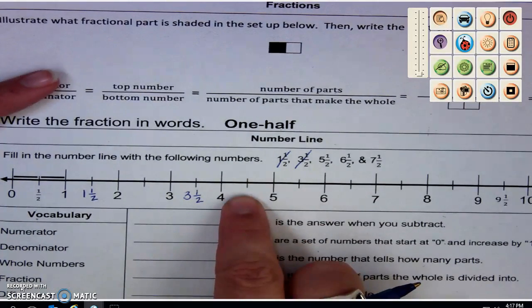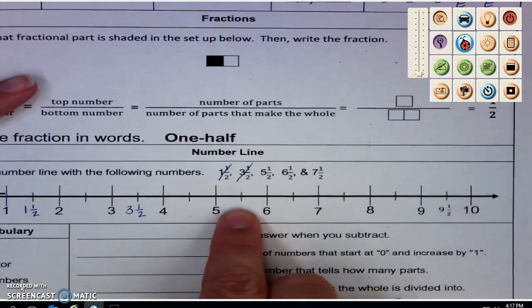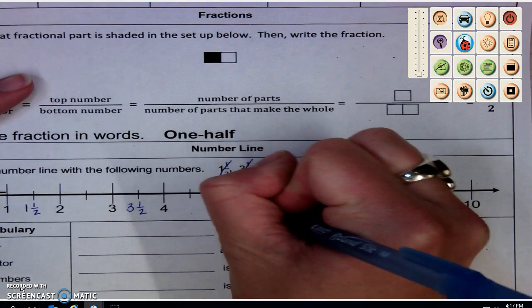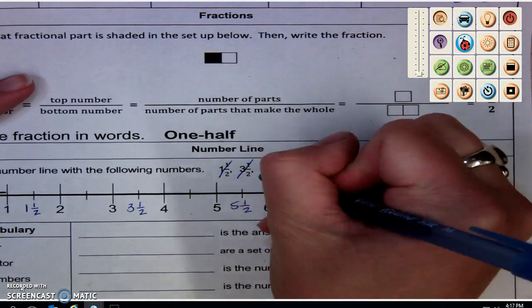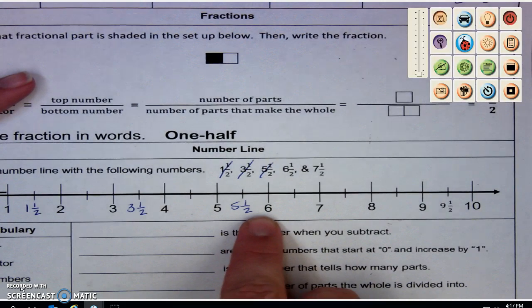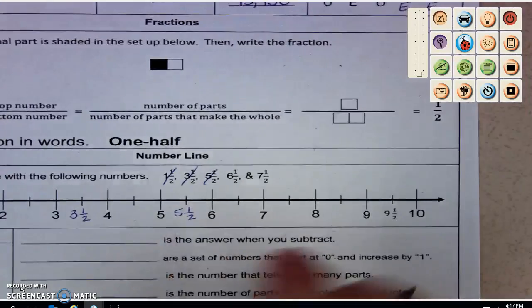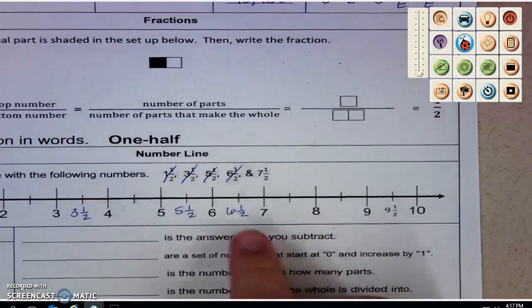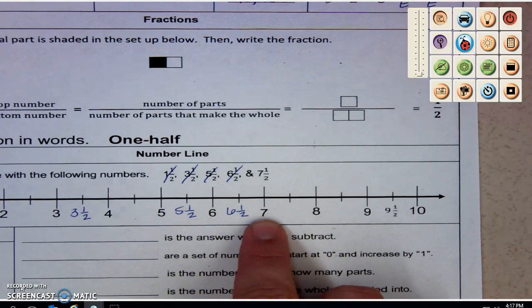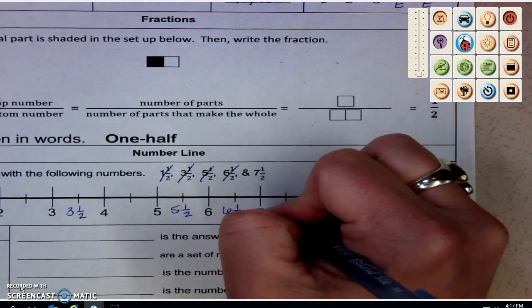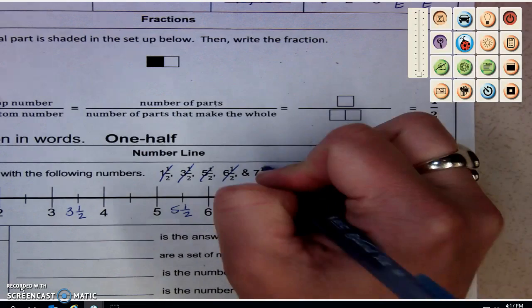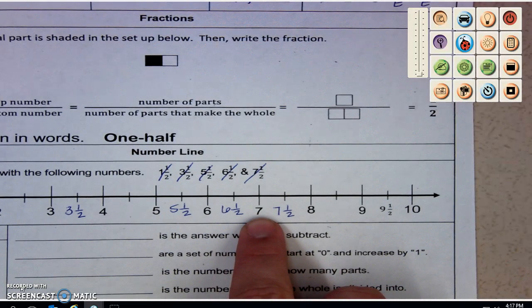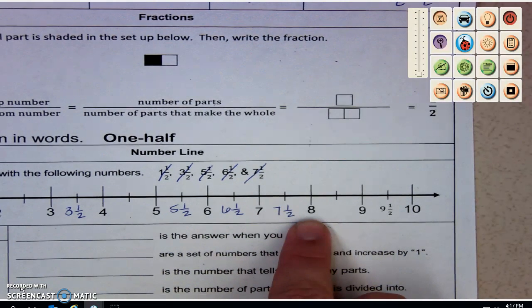Here's 4.5. Here's 5.5. So 5.5 is halfway in between 5 and 6. Then we have 6.5, and it is halfway in between 6 and 7. And then we have 7.5, is halfway in between 7 and 8.